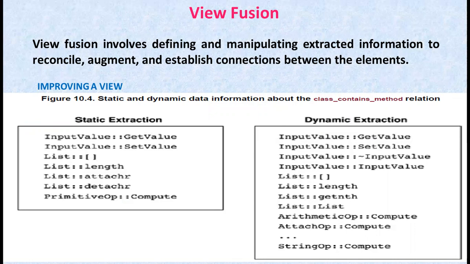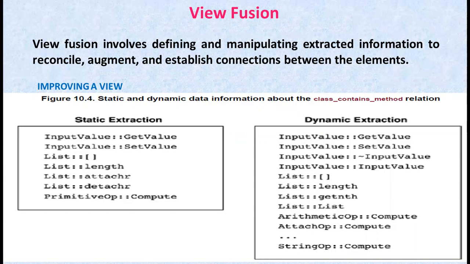So here primitive OP is purely a superclass and so never actually called in an executing program. But it is the call of primitive OP that a static extractor sees when scanning the source code, since the polymorphic call of one of primitive OP's subclasses occurs at runtime.